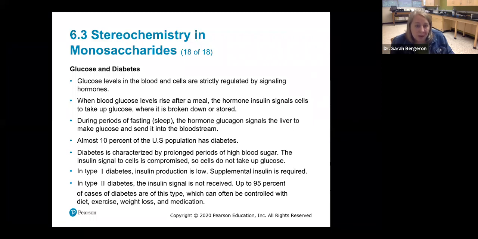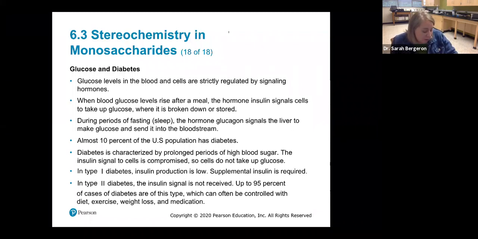So let's say you eat a meal. That means that you have consumed some amount of sugar, and it's gone into your bloodstream. So your body's going to produce insulin, and the insulin is going to tell your body to pick up the glucose. If you pick up the glucose, that will bring your blood sugar down.